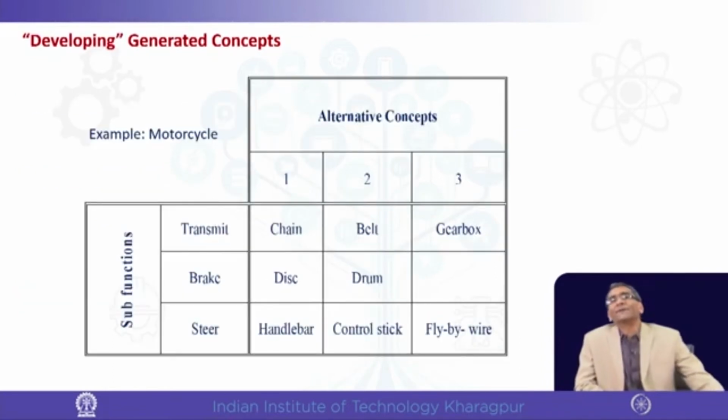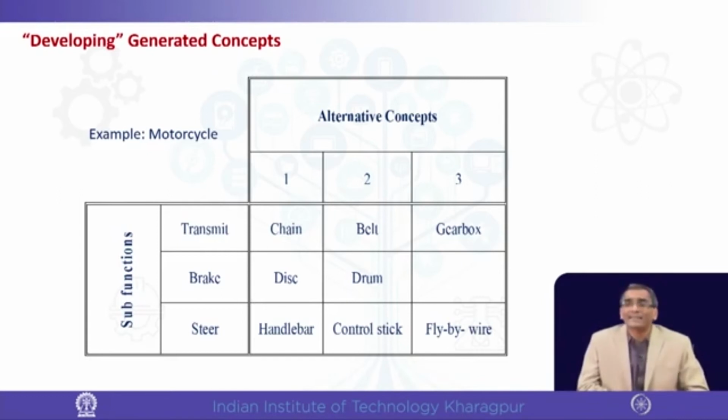It will be clearer from this short, brief and simple example. Sub functions, as I said already, transmit, brake, steer. Suppose these are the 3 sub functions for a motorcycle.